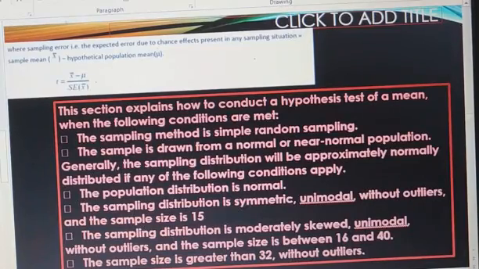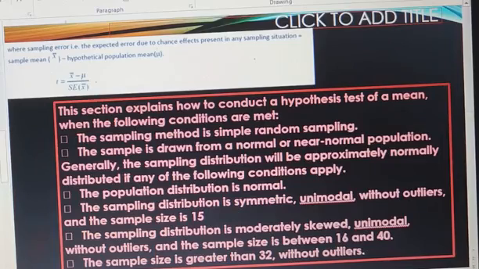This section explains how to conduct a hypothesis test of a mean, when the following conditions are met. The sampling method is simple random sampling. The sample is drawn from a normal or near normal population. Generally, the sampling distribution will be approximately normally distributed if any of the following conditions apply. The population distribution is normal.